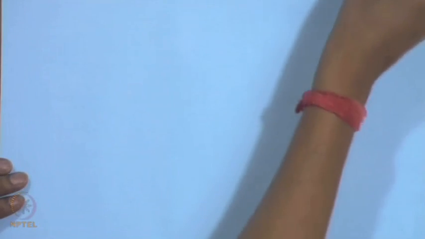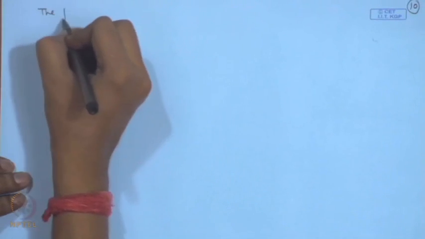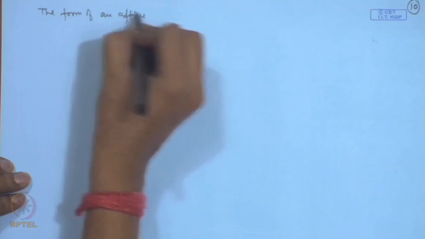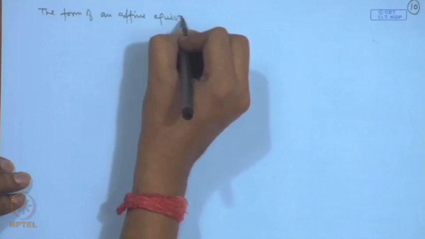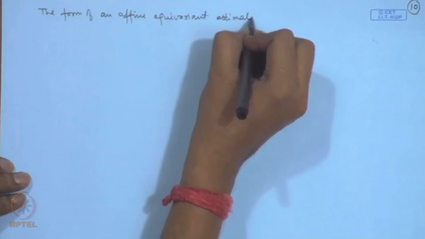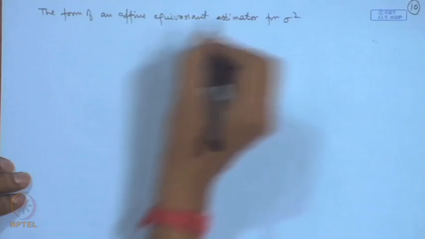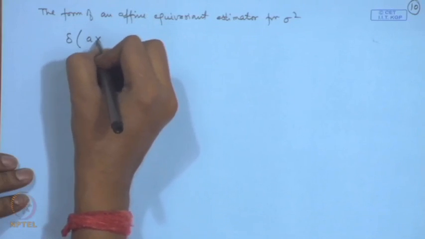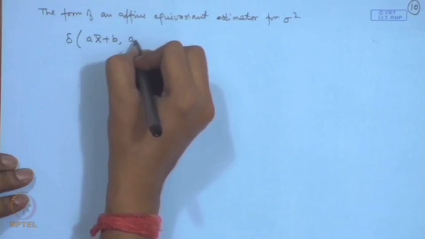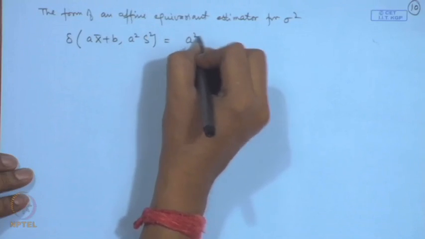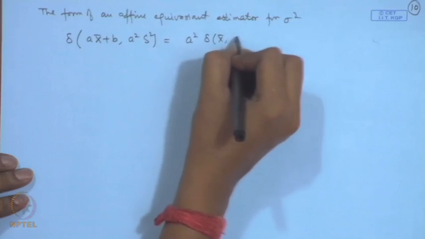So, the form of an affine equivariant estimator for sigma square should satisfy delta of a x bar plus b, a square s square is equal to a square delta of x bar, s square.